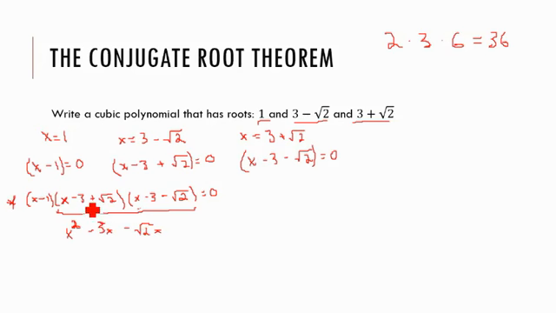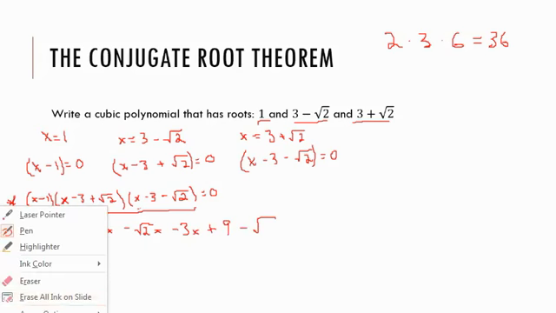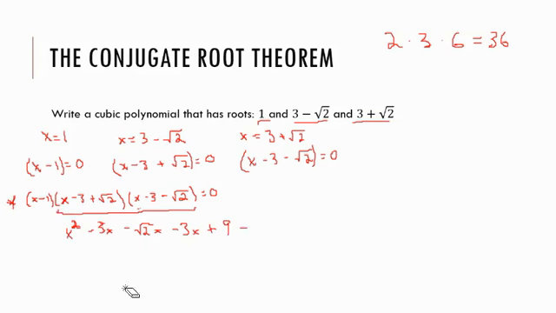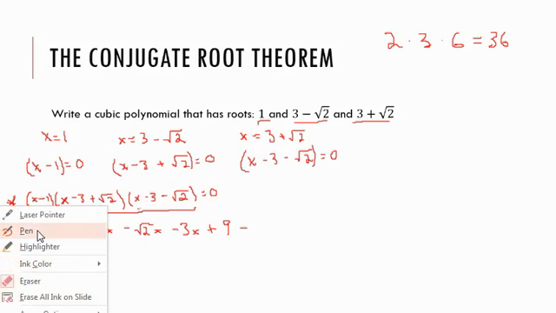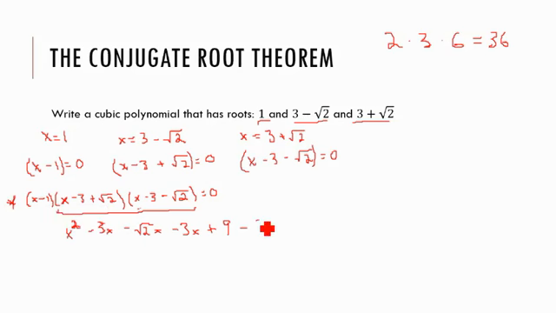Now I'm going to take the second term, negative 3, and multiply it by everything in the other factor. So minus 3 times x is negative 3x. Negative 3 times negative 3 is positive 9. And negative 3 times negative square root of 2 is going to give me negative 3 times the square root of 2.